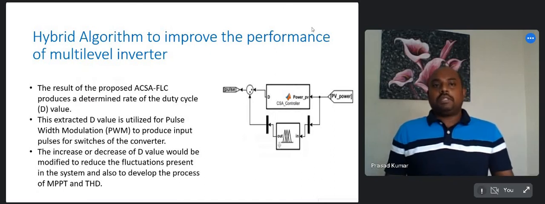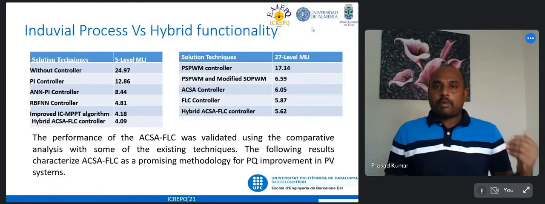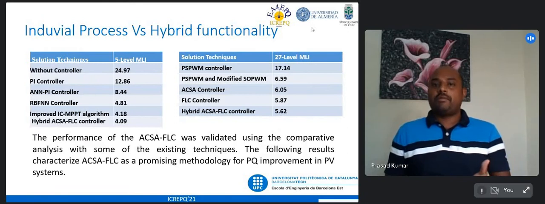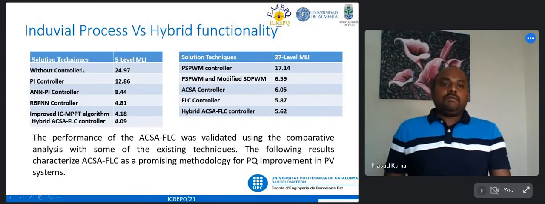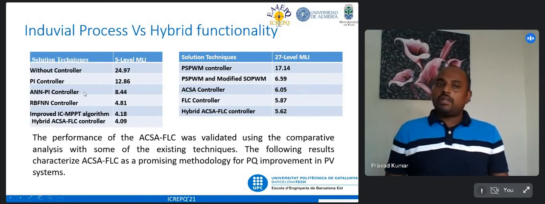Next, moving on to the comparison of the individual processes and hybrid functionality. I have tested two different multi-level inverters: one is a 5-level multi-level inverter and another is 27-level. We have tested without a controller, with a PI controller, an artificial neural network controller, and an RBFNN controller, and this is our hybrid ACS and FLC controller.